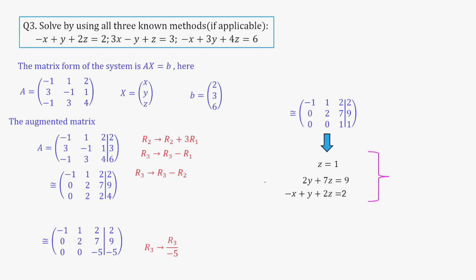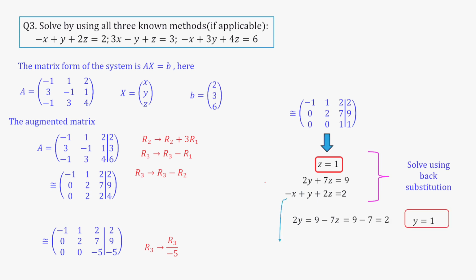So from now we will do the back substitution method to solve the equations. So we know z is equal to 1. Then from the second equation we have 2y equal to 9 minus 7z, which is equal to 2, and then it gives y equal to 1.